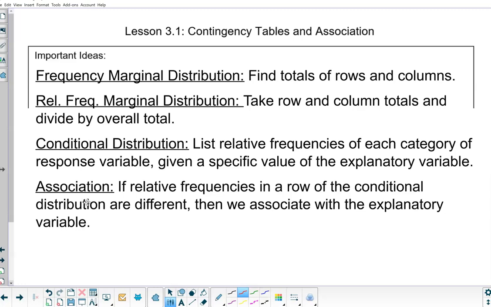So it gives you the relative frequencies of each response variable given the specific value of the explanatory. So it just depends on where you put your explanatory variable, which typically we'll do the column. And then if the relative frequencies in a row of a conditional distribution are different, then we associate that with the explanatory variable. So if you didn't have a chance to write all of that down, go ahead and pause the video and write it down.